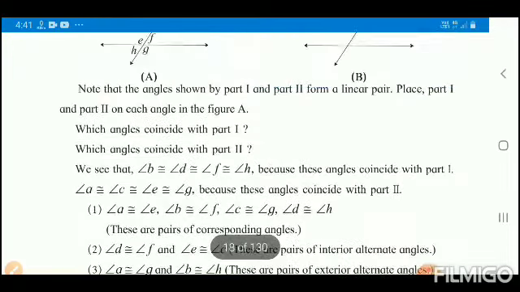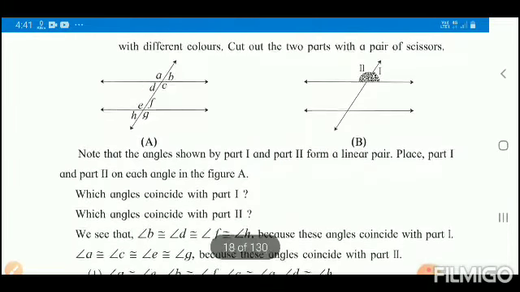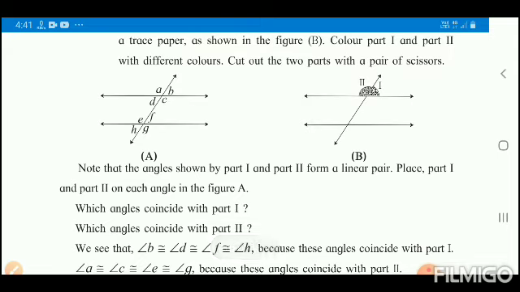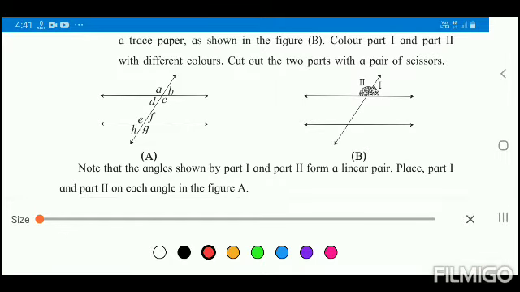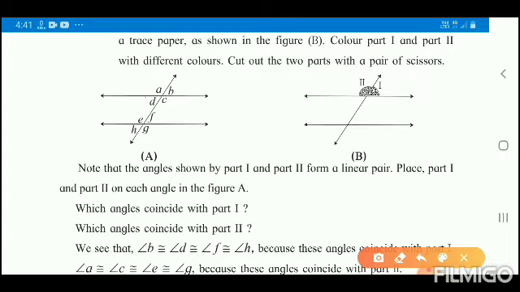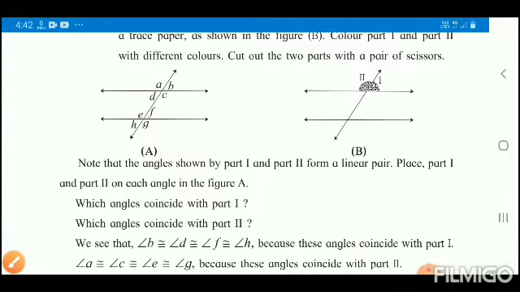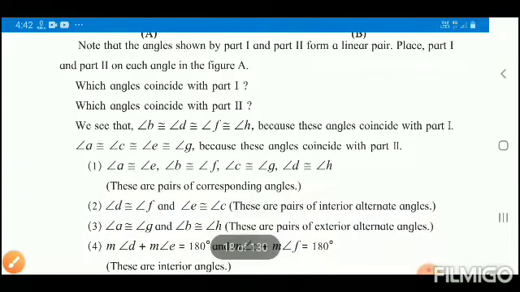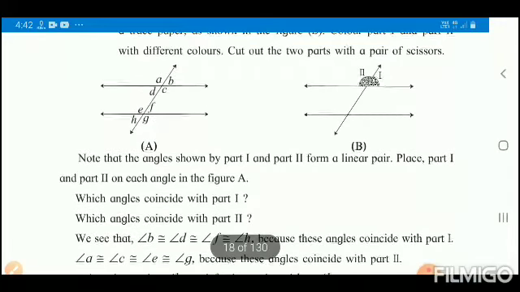Then we will see the pairs of alternate angles. Here the pairs of alternate angles are D and F, C and E. These are the pairs of alternate angles. They are given here. These are the interior alternate angles.